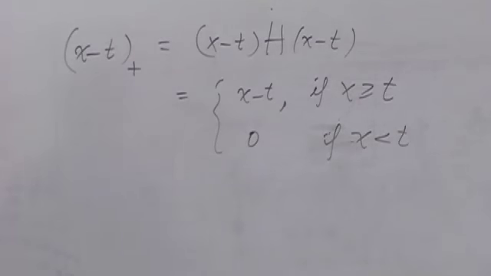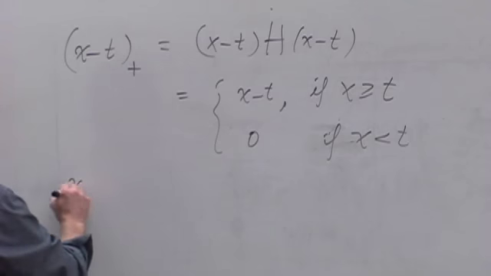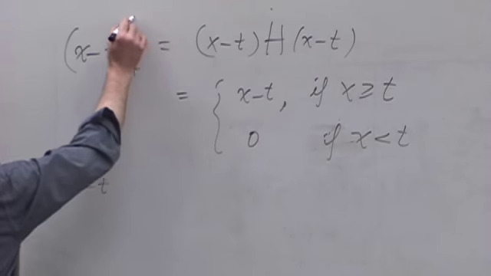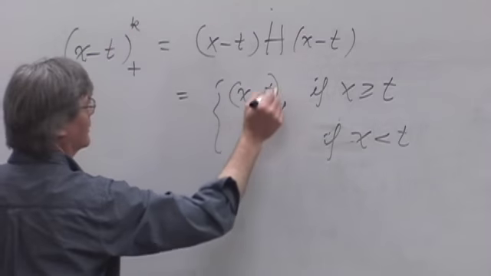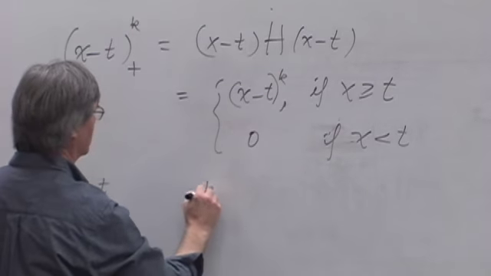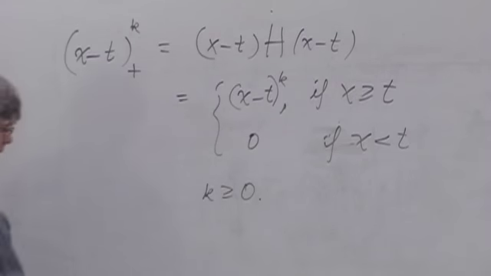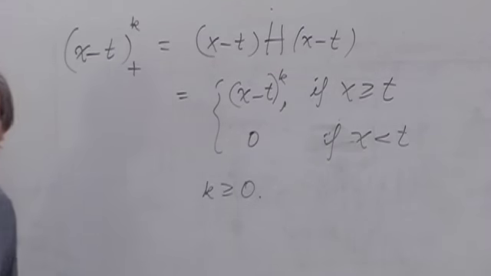And so what would be x minus t to a power? I could just put the power k here, for k greater than or equal to 0. Or even for negative powers, but we're not going to consider negative powers.